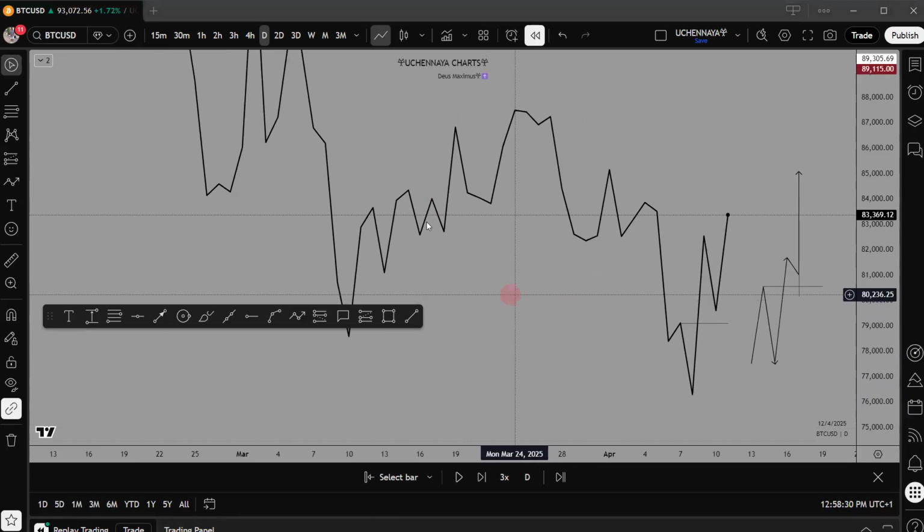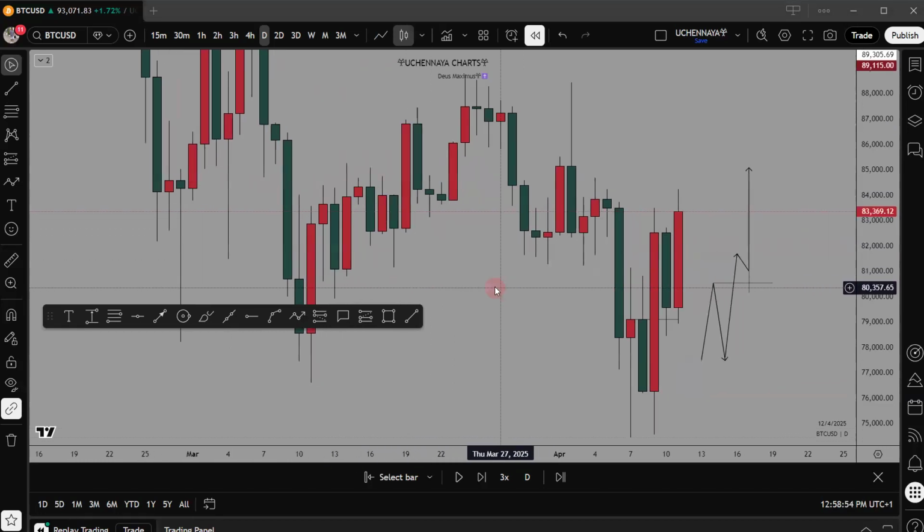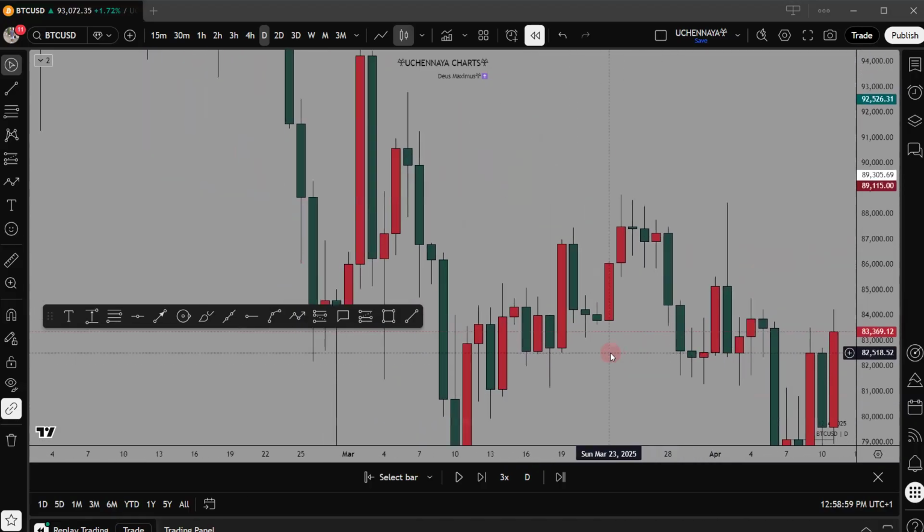Now this is an SBR. This is a resistance, gets broken, turns into a support. Ultimately, this level held price. It didn't come into this support level. So this level actually held the price.